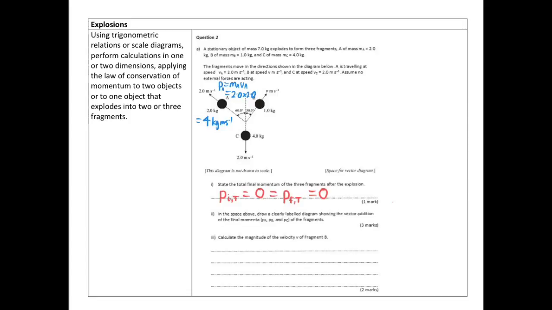The momentum of C is equal to the same, mass of C times velocity of C, which is equal to 8 kilograms meters per second.